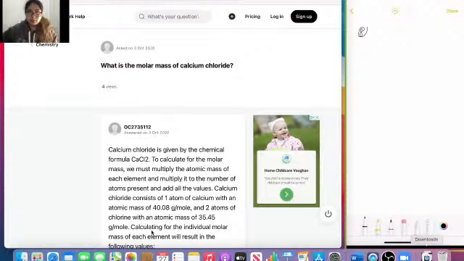Next, what is the molar mass of calcium chloride? If we want to find the molar mass, we need to know the chemical formula of the substance. So here we're dealing with calcium chloride.